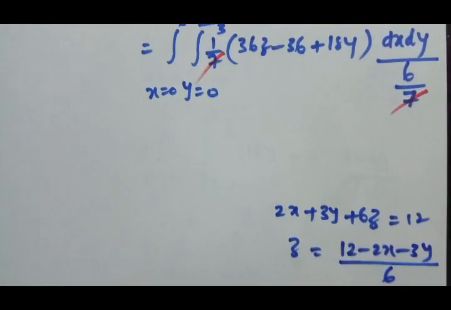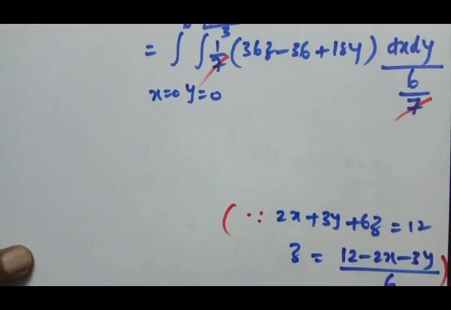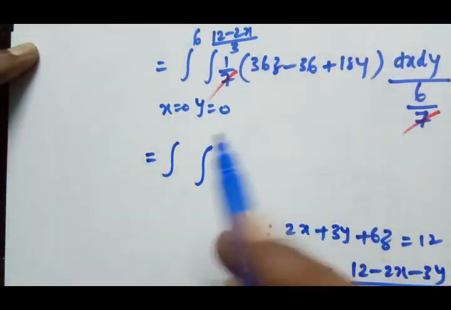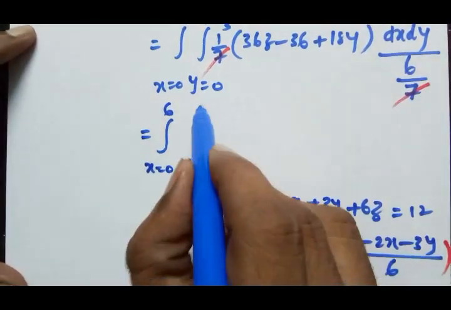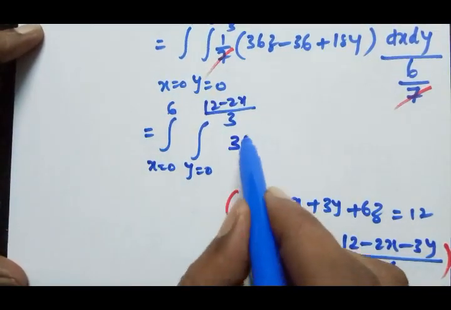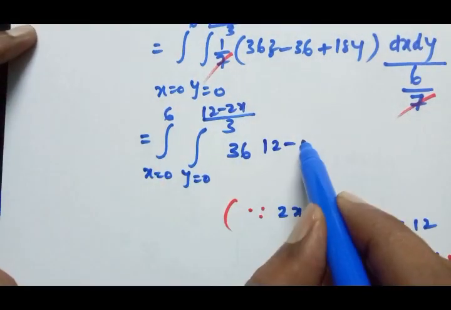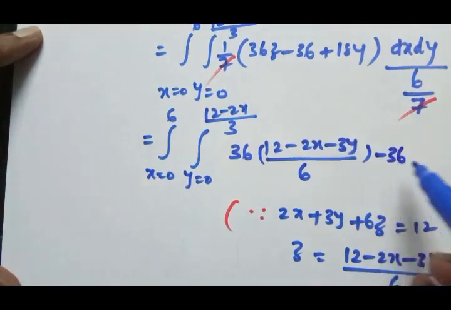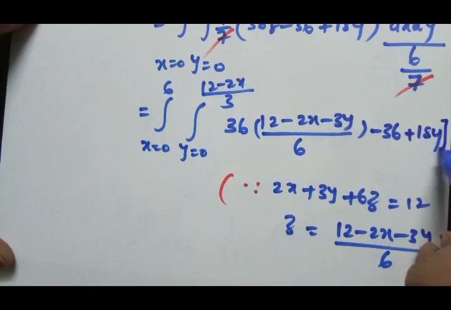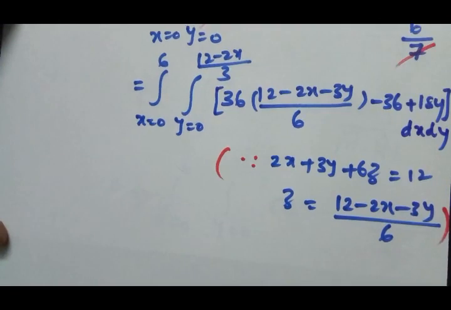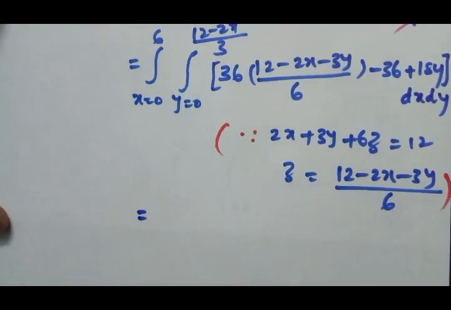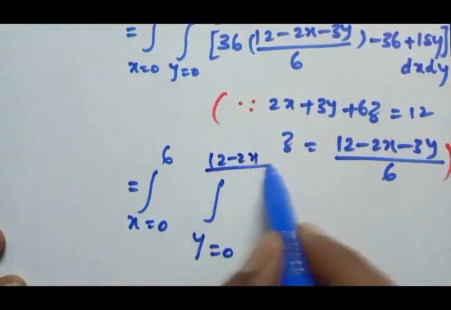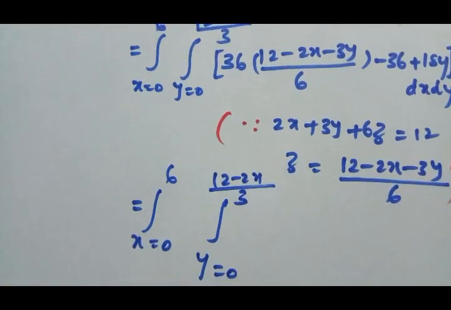This is the value of z. Therefore this can be written as the double integral, x equal to 0 to 6, y equal to 0 to 12 minus 2x by 3, of 36 into z, that is 12 minus 2x minus 3y by 6, minus 36 plus 18y, into dx dy. Here 6 ones 6.